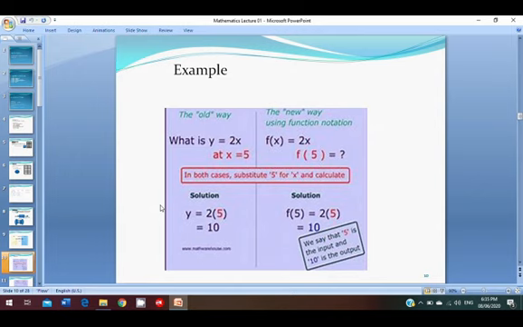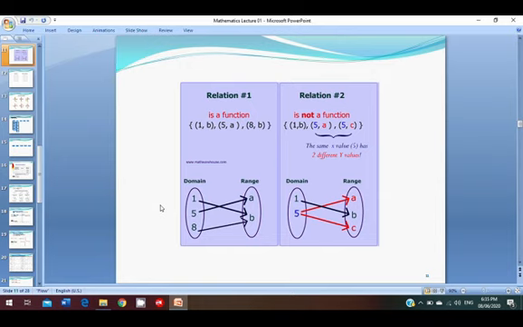So what we do? We just replace x with this value 5. So f of 5 is equal to 2 multiplied by 5 and gives the same result, that is 10. So we say that 5 is the input and 10 is the output.